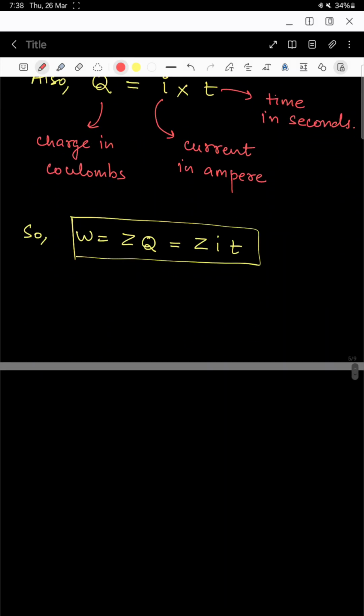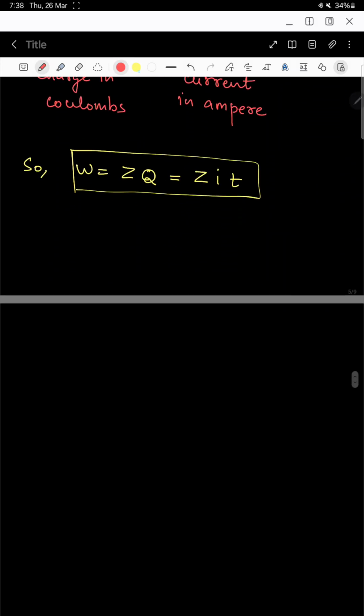For defining that, we can take one case, like if Q is equal to 1 coulomb, that is the total quantity of electricity passing through the electrolyte is 1 coulomb, or current is 1 ampere for time 1 second.